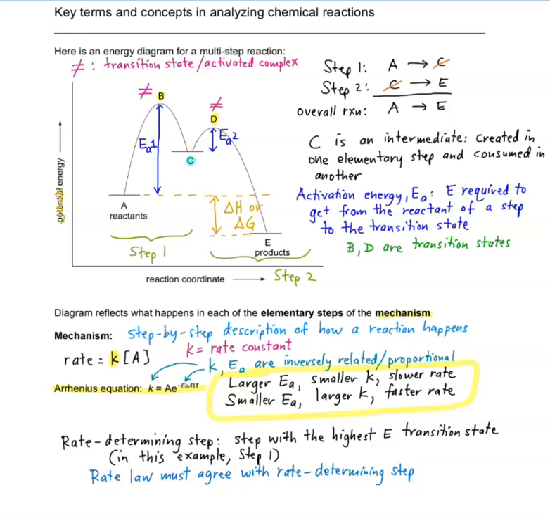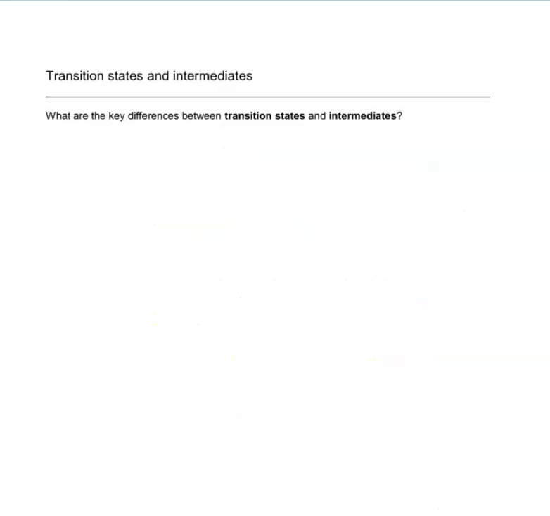Let's take a look at the key differences between transition states and intermediates. Okay, so we've talked a little bit about some of these already, but we're just going to put them all in one place, as well as fill in some ideas about transition states that we don't have at this point.